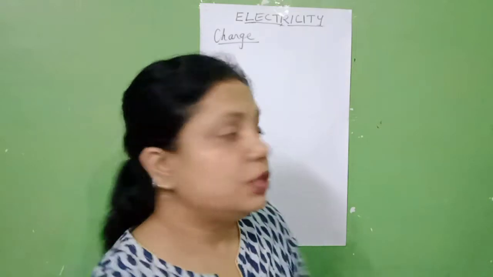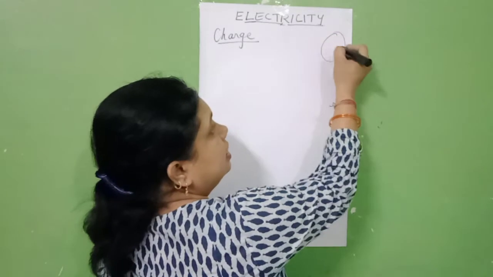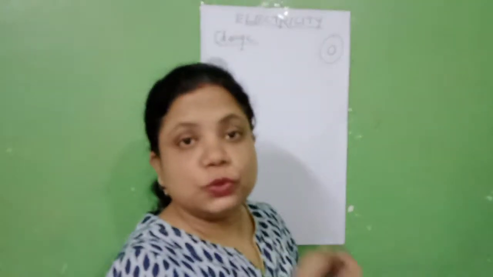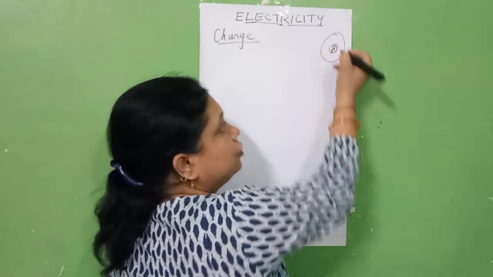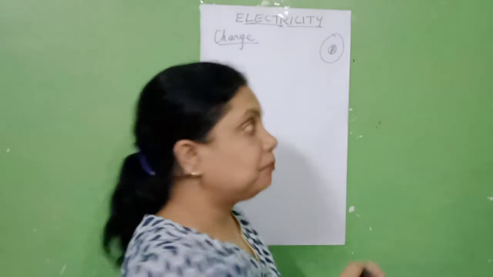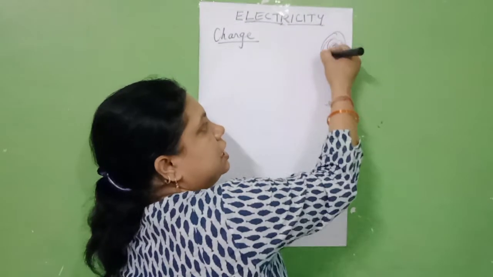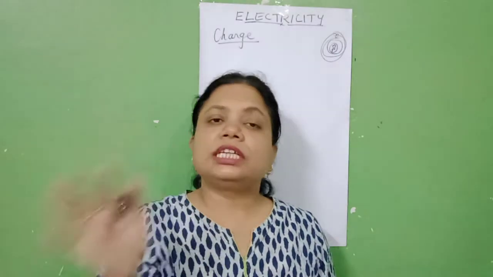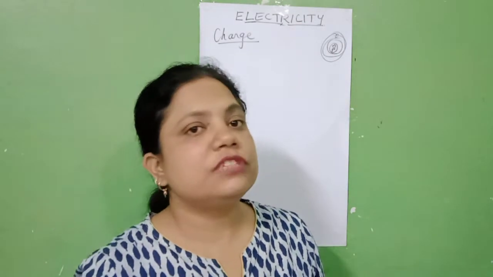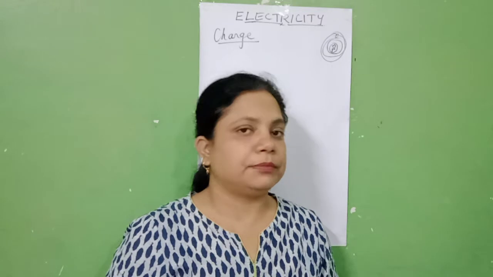In an atom, in the center there is the nucleus, where neutrons and protons are present. Around the nucleus, the electrons revolve. Clear? So, these are the subatomic particles present in an atom.